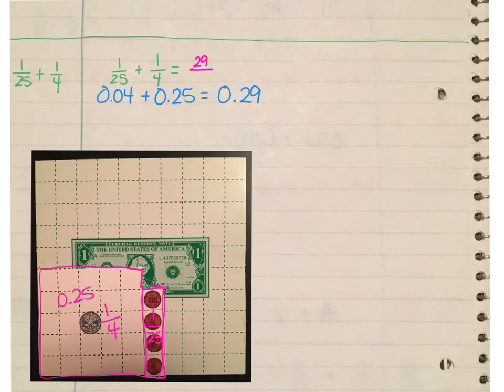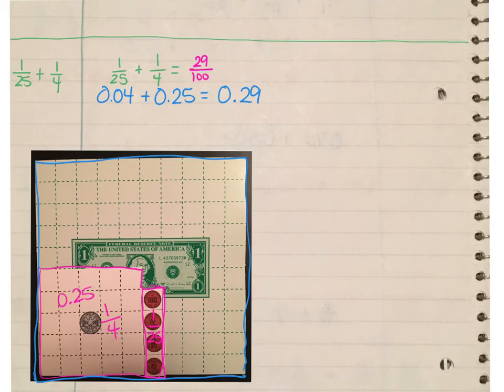And total, there is how many? Total, we have 100 squares, or 100 cents. So 29 hundredths. Is there anything we can divide both of those numbers by to get a smaller number? No, there's not, because 29 is a prime number.